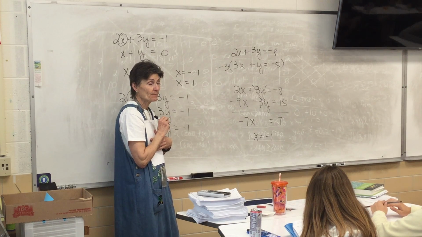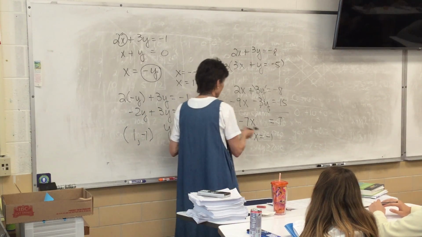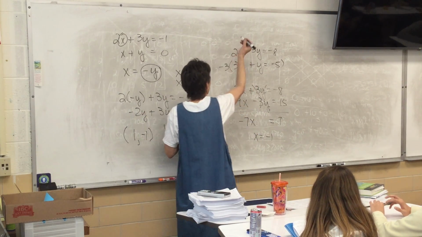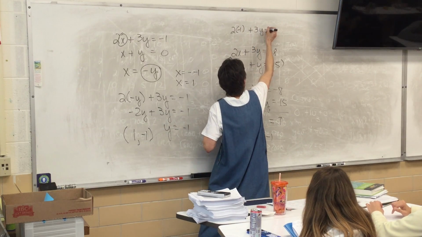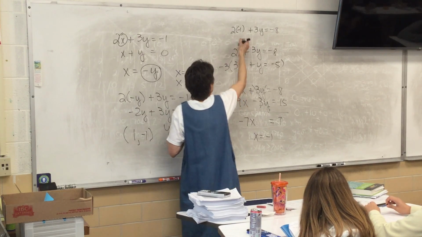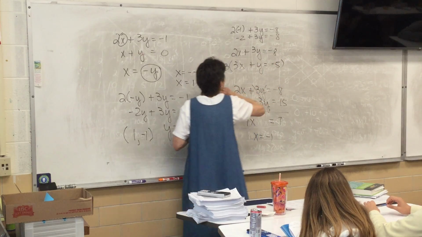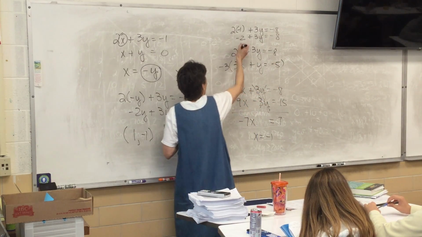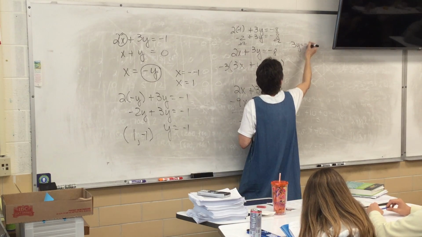Now what? Plug it in, just like before. Plug it in wherever you want. So I'll just plug it in the top equation. So 2 times -1 plus 3y equals -8. So -2 plus 3y equals -8. Add 2, 3y equals -6.